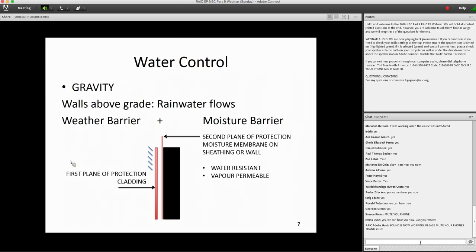That is where we put the moisture membrane on the sheeting or the wall we have on the back. For this moisture barrier, it has to be water resistant, but it is recommended to be vapor permeable. We're going to talk a little bit about that later on.